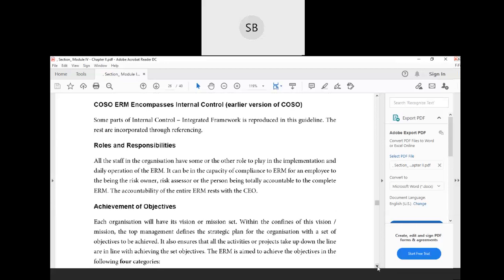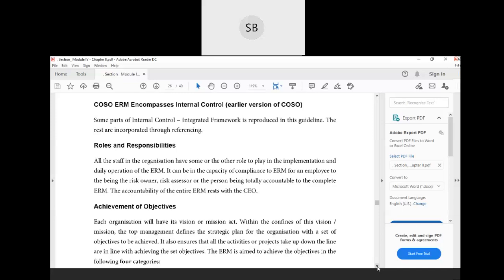But someone needs to implement it, right? This implementation takes place with the help of the lower level staff, the normal individuals of the organization. That is why it is said that every individual will be involved in the ERM process.